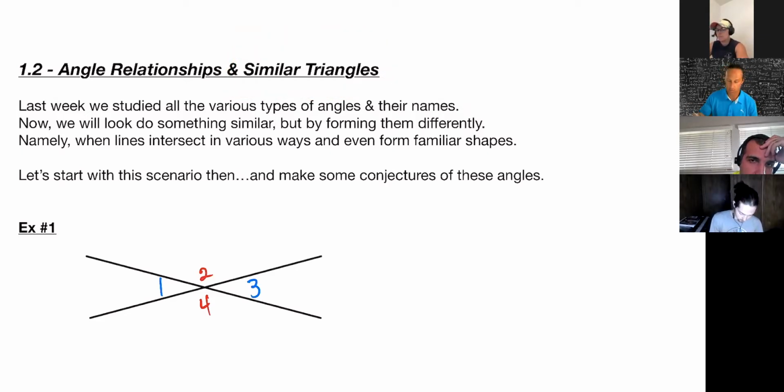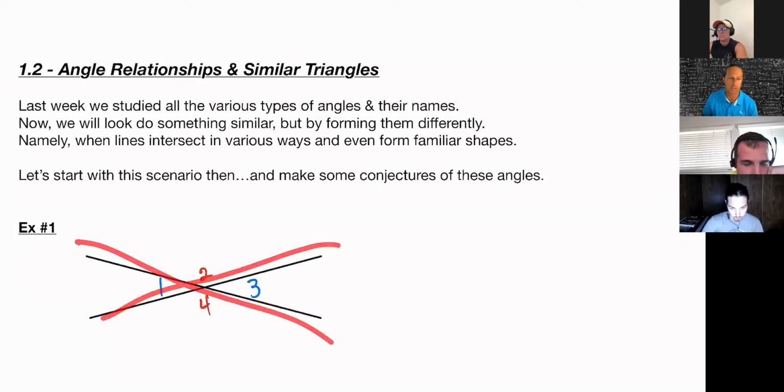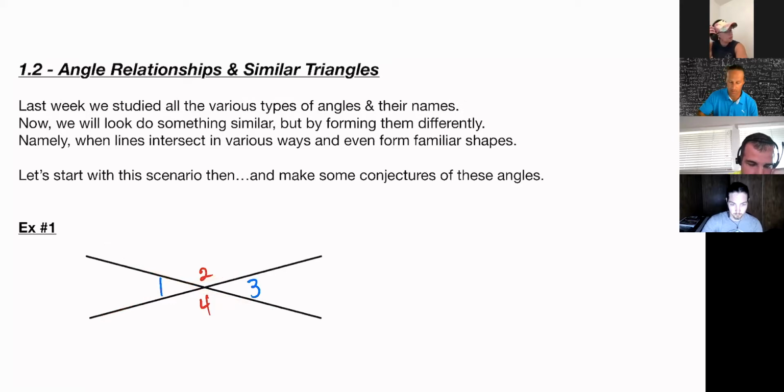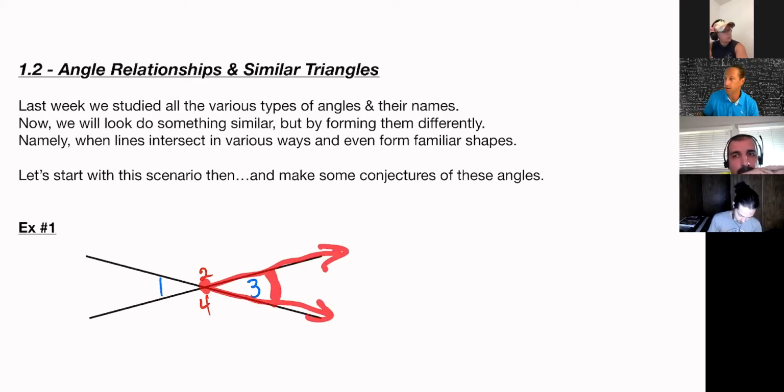Because we talked about their names already and the various types of angles, we're going to talk about what happens when we have multiple angles. You can see here I have 2 lines or segments of lines, and now 4 angles rather than 1 vertex and 2 what are called rays. That creates 1 angle only, right?